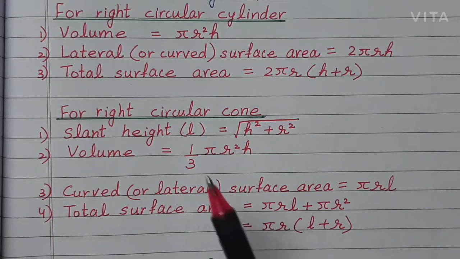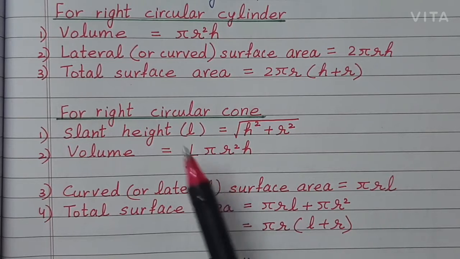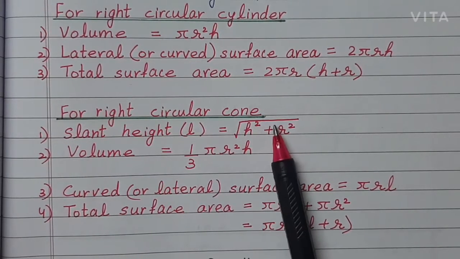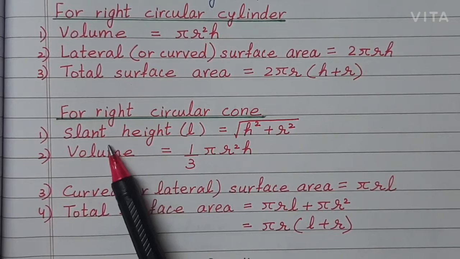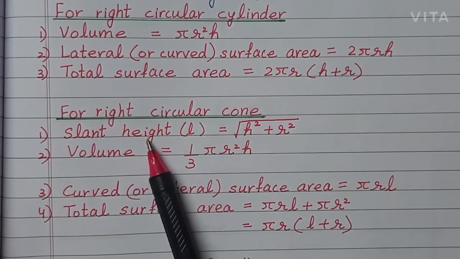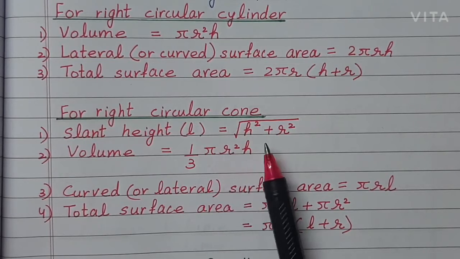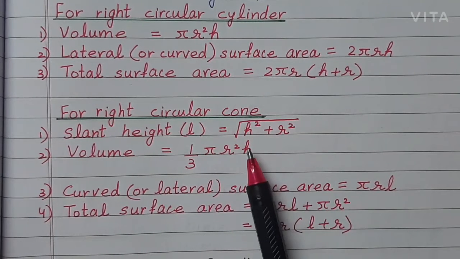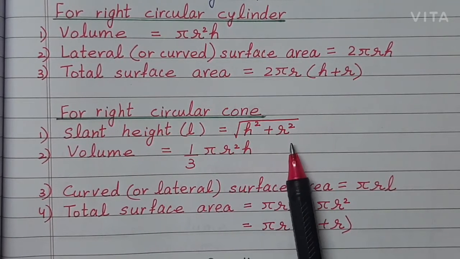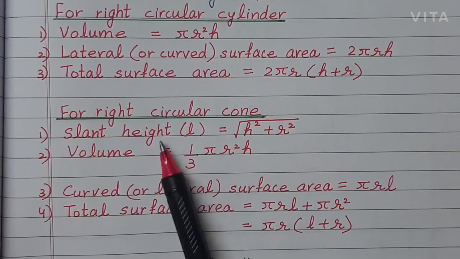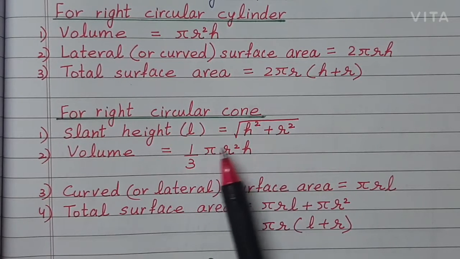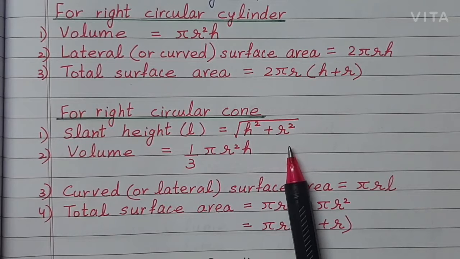Now, let us discuss the right circular cone. Here, slant height, that is L, is equal to square root of h square plus r square. I hope you remember how to calculate this value by using Pythagoras theorem.